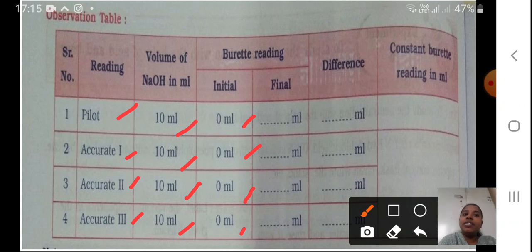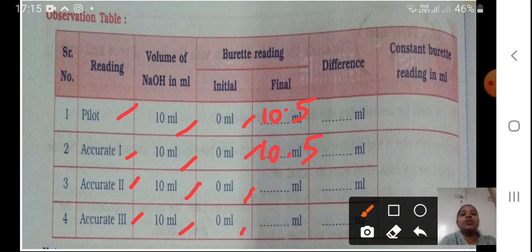Then what is the pilot reading? Pilot reading means the first reading you are getting. So for example, if I got 10.5, here I'll write my final reading as 10.5. Accurate 1 means again I'll do the procedure. I'll take the first reading also as 10.5.